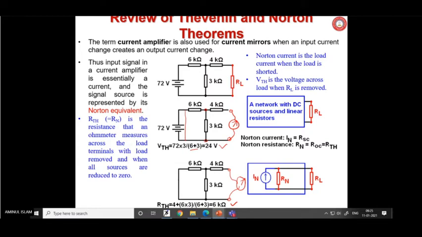I am going to discuss some corollaries based on this theorem, the Norton theorem and Thevenin theorem. If V represents the open circuit voltage, open circuit means your load is disconnected, and I is the short circuit current, as in the case of Norton current, and Z is the impedance, or Y is the admittance in a network.